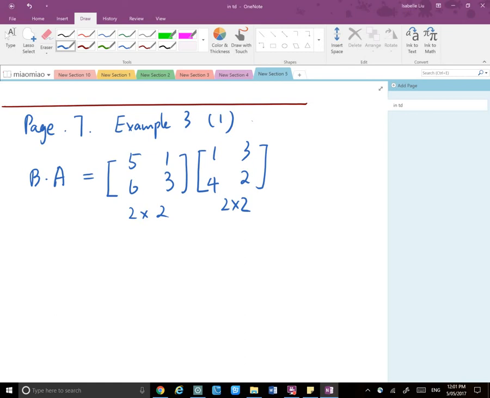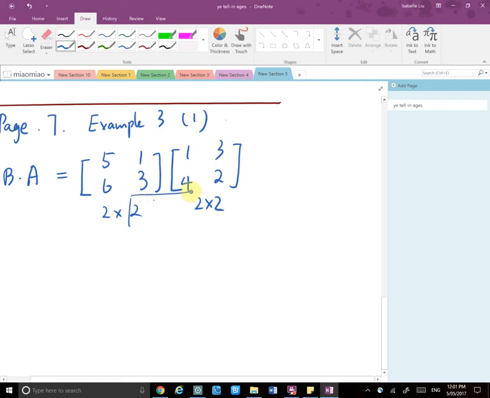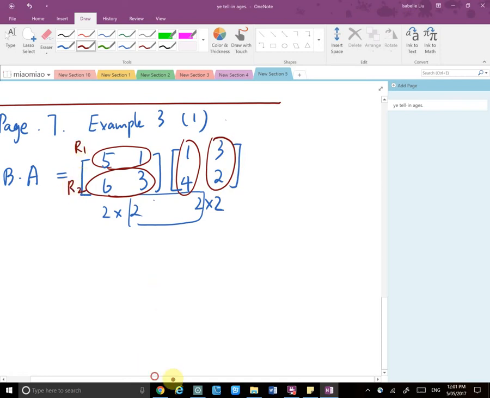Okay, you still have a 2 times 2 matrix, so you can times them. I will find the row for the first one and the column for the second one. Have row 1, row 2, column 1 and column 2.